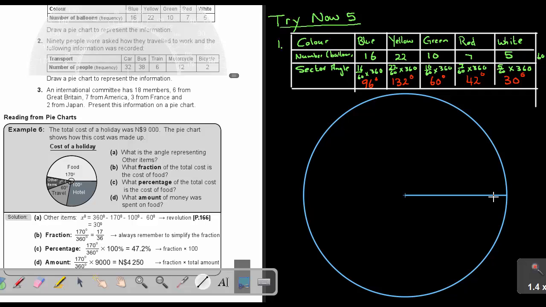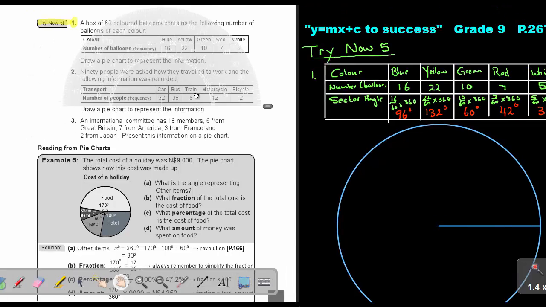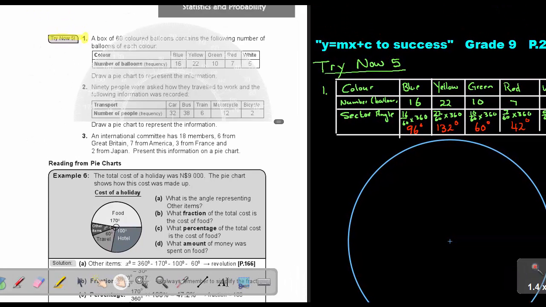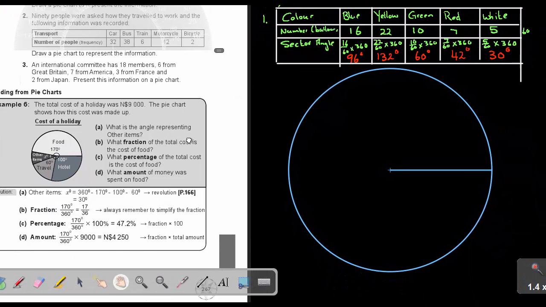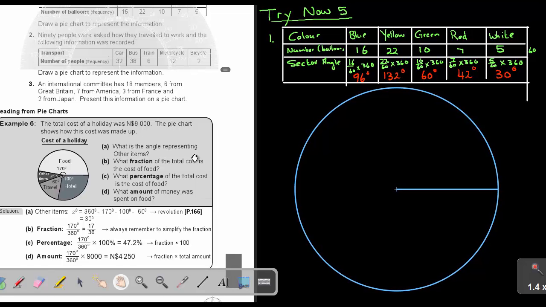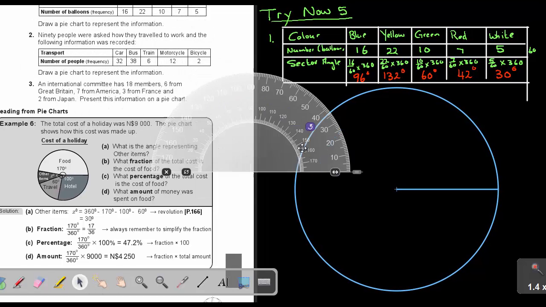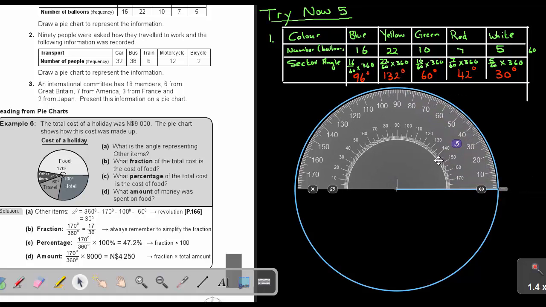Then take your protractor and put it exactly there in the center. And then measure that angle. And what will that angle be? 96. Okay.